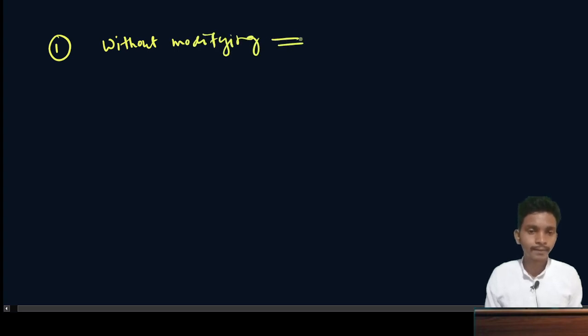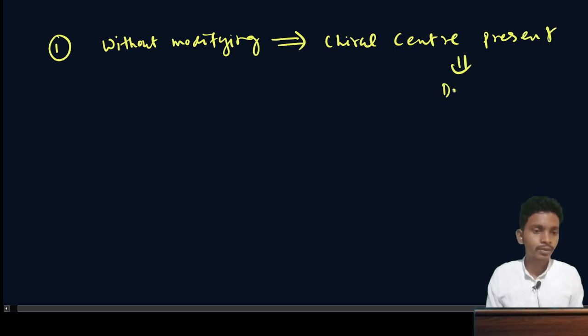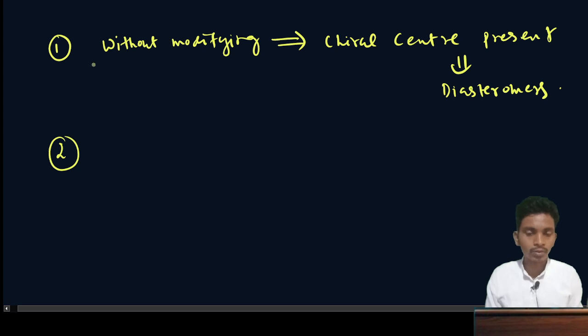So what did we look at so far? For diastereotopic, without modifying, if a chiral center is present, then that is diastereotopic.